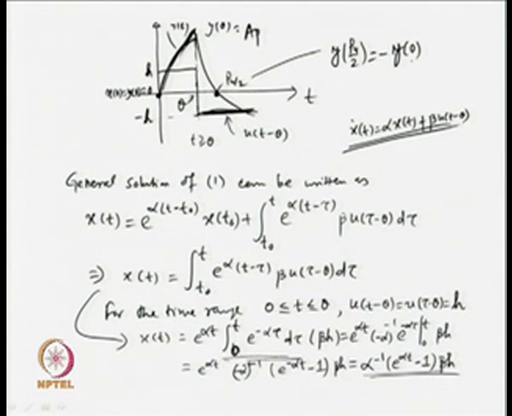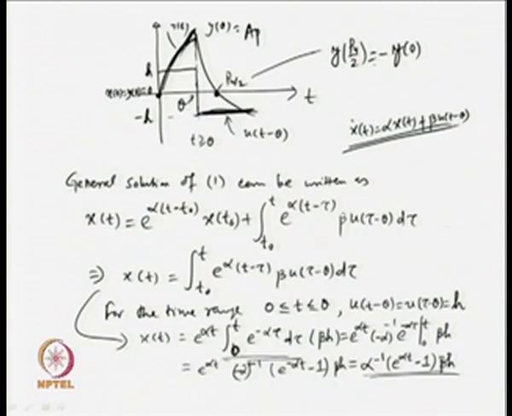As we know, the output possesses half wave symmetry. Therefore, y(Pu by 2) has to be minus y(0), or in general form I can write y(t plus Pu by 2) has to be minus y(t), and since y(t) is equal to x(t), this can further be given in the form x(t plus Pu by 2) is equal to minus x(t).